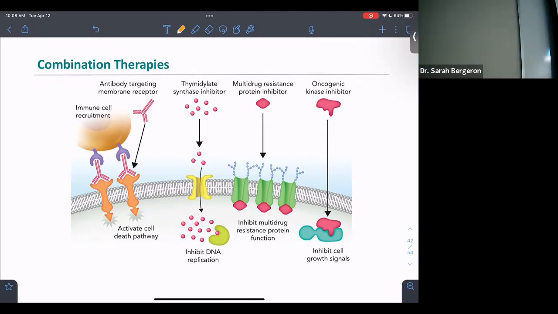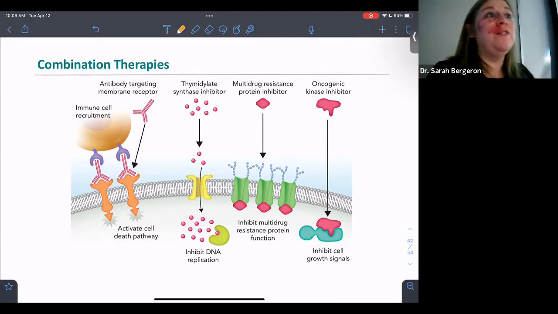So they could activate the cell death pathway if they're active, like the caspase cascade. Remember the caspase cascade that we touched on real briefly? But it can also promote immune cell recruitment. So we want to hit them with everything all at once and knock out the cancer right away.